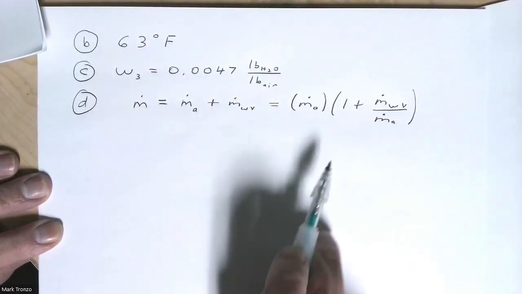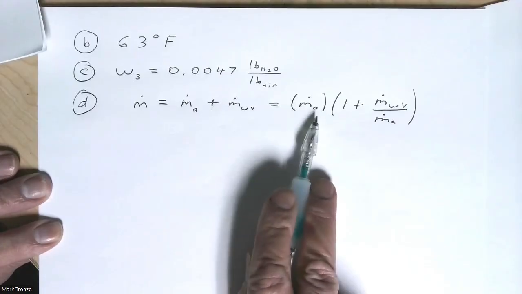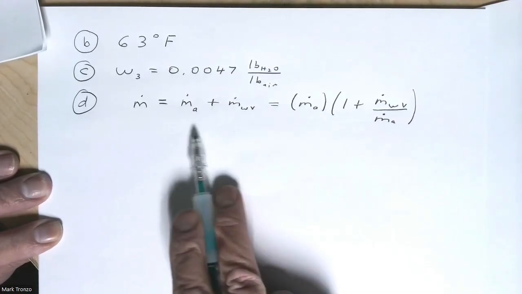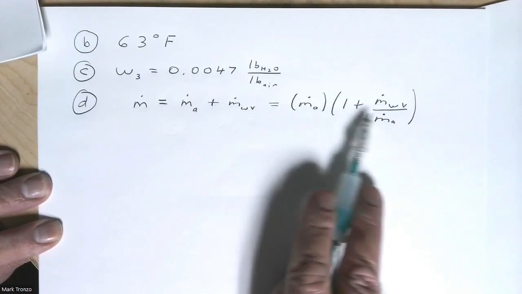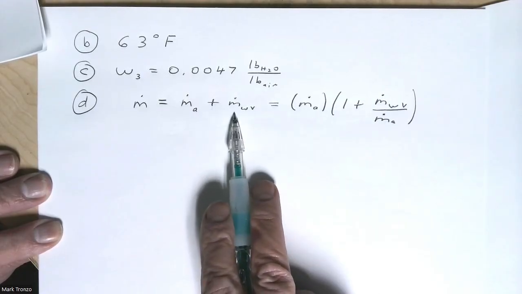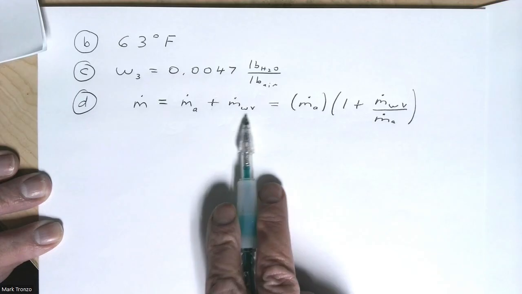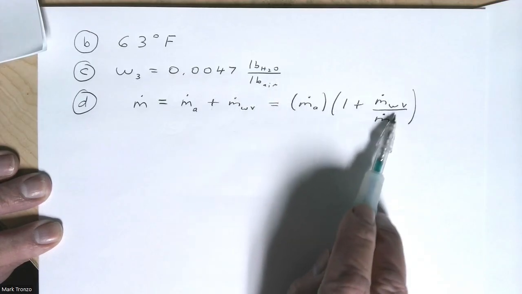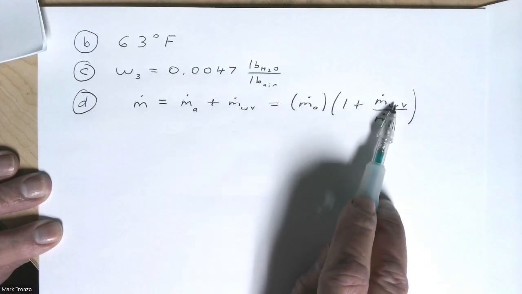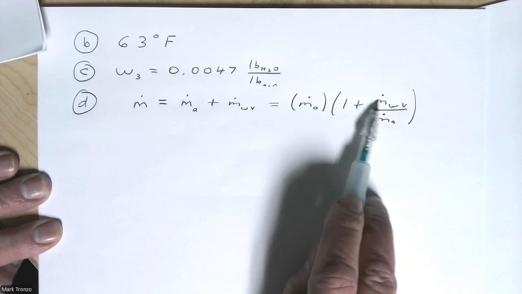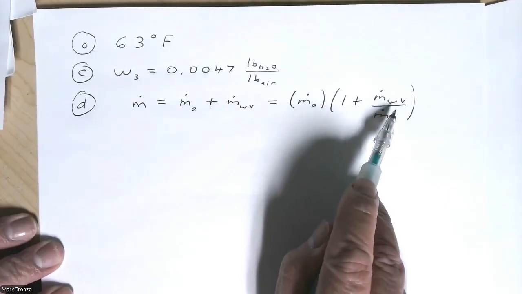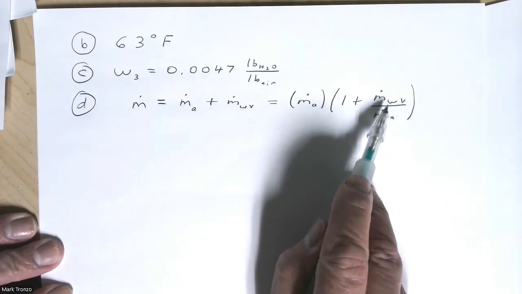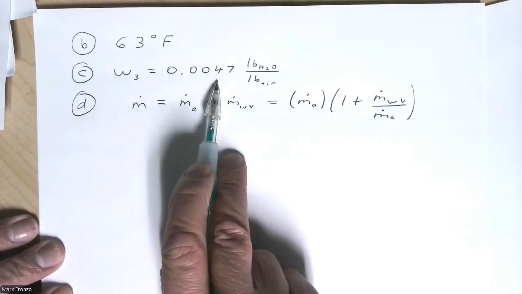And we can just verify that this is the same expression. m_a times this gives us m_a. m_a times this, the m_a's cancel, and we get the mass flow rate of the water vapor. Now, of course, this is the specific humidity.